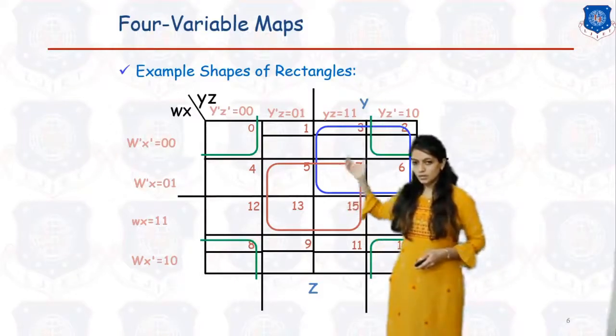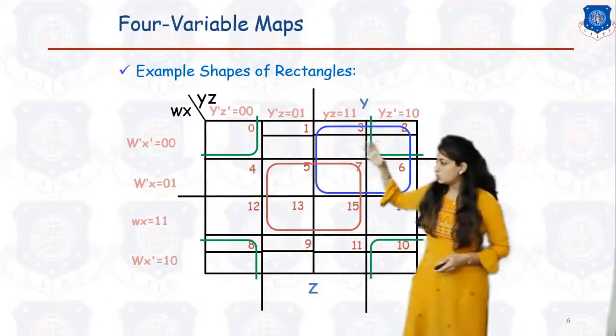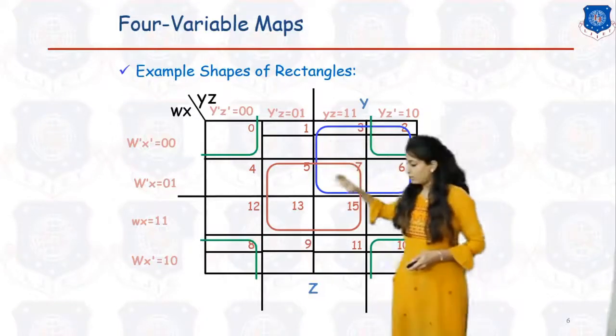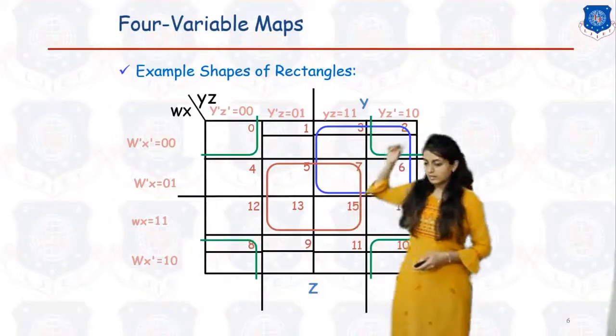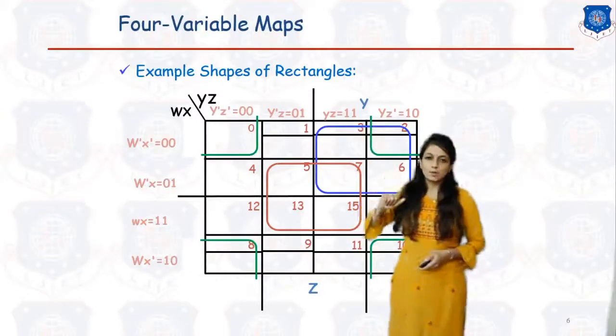Let us make a group of 4 ones. If the 4 ones are grouped in these 4 boxes, like the blue grouping, what is the common term?